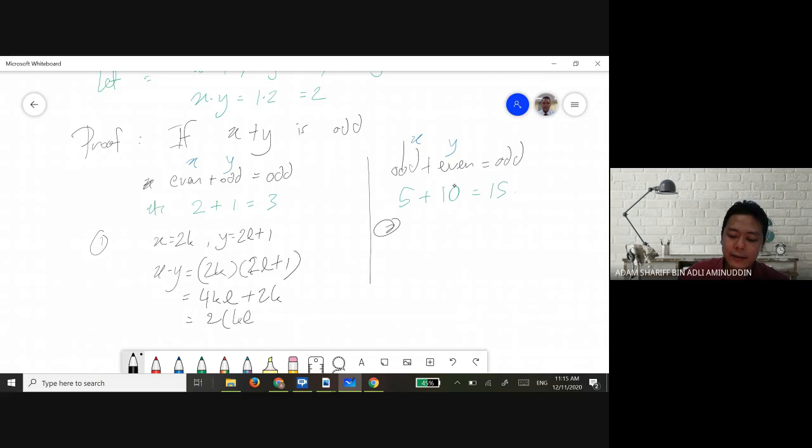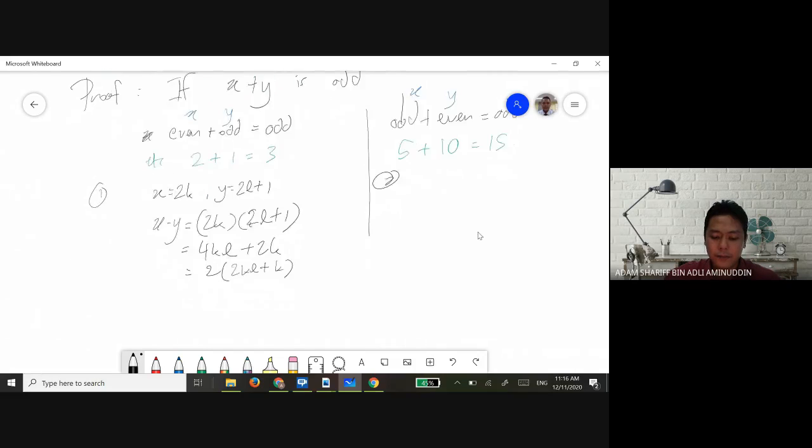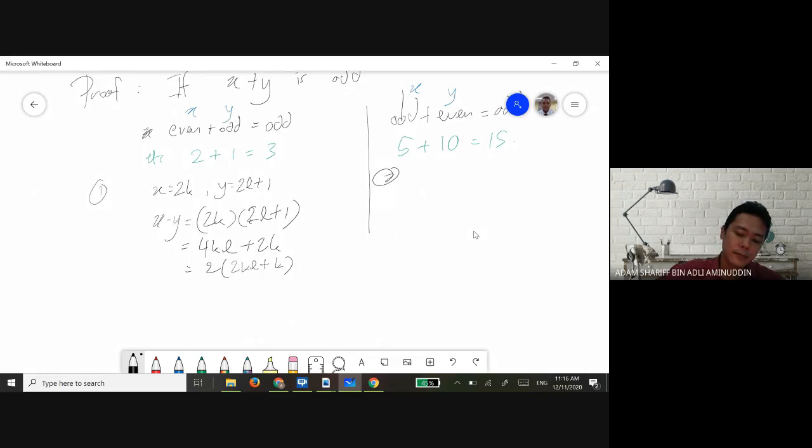Becomes 2M. This M equals to 2KL plus K. This M is definitely also an integer. Saya lupa define kat sini. K is an integer, L is an integer.